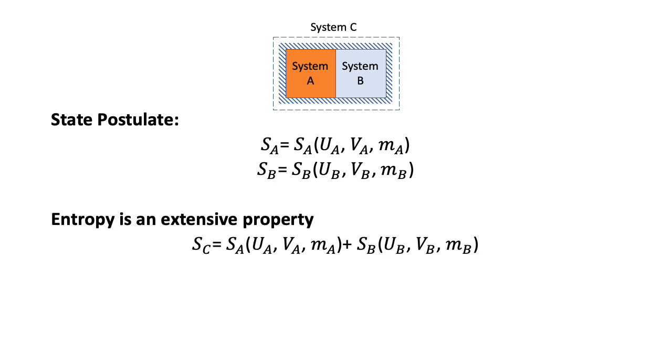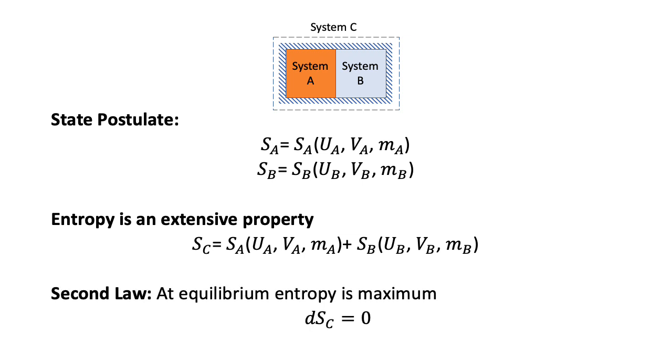Entropy is an extensive property, so the entropy of system C, SC, is equal to SA plus SB. And the second law tells us that at equilibrium, the entropy is maximum, which means that dSC will be equal to 0.